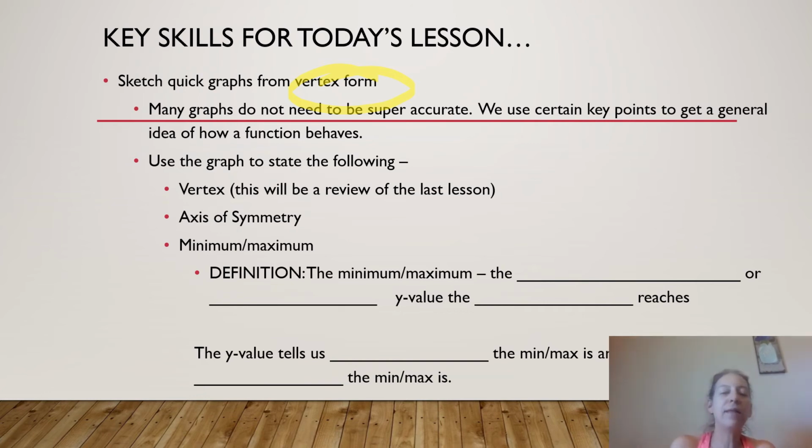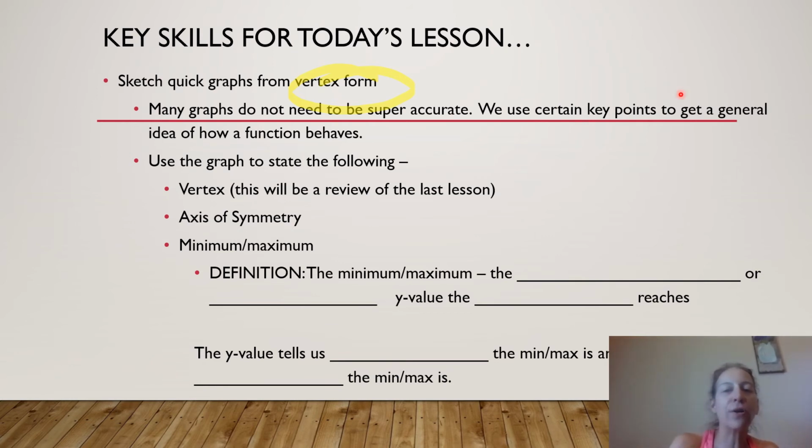Okay, and as an explanation as to why we're talking about quick little graphs, many graphs do not need to be super accurate. We use certain key points to get a general idea of how a function behaves. Most of the time when we're sketching graphs, we're doing it quickly just to get a sense of where the function is and what it does.